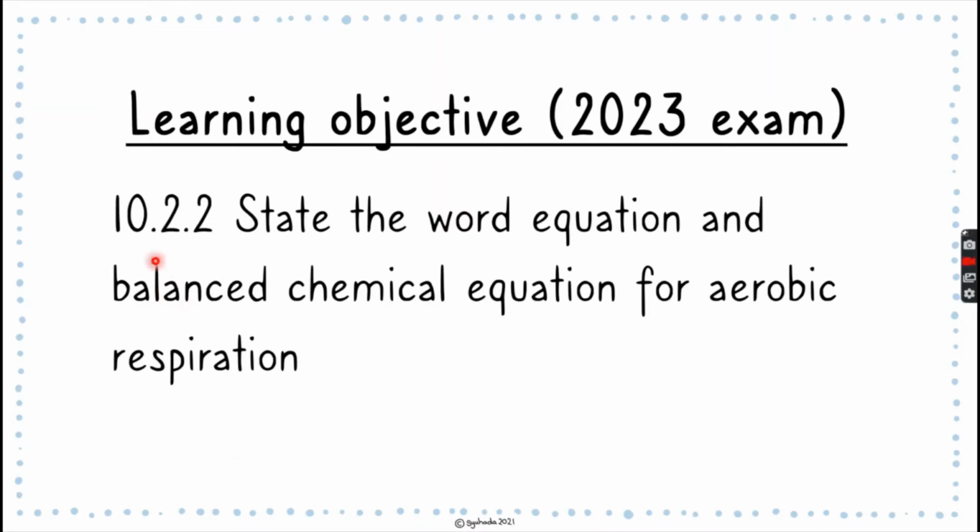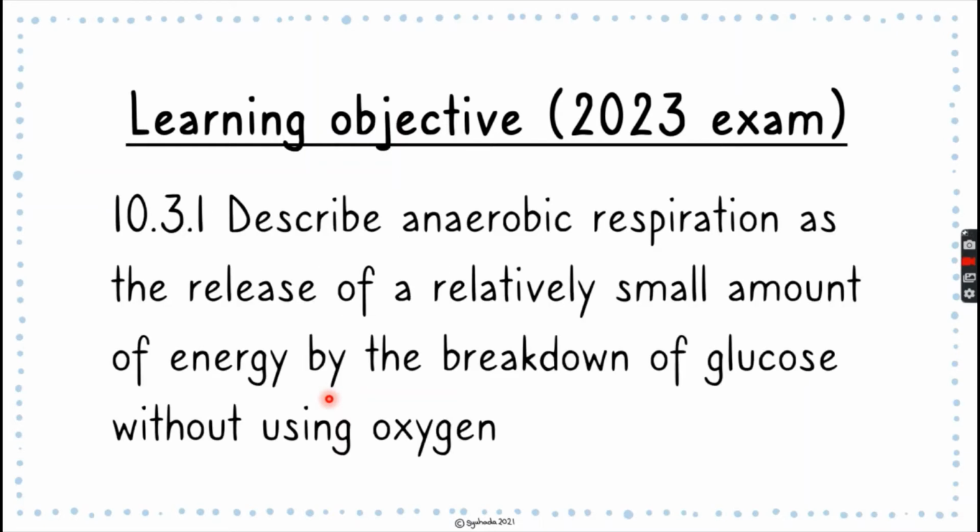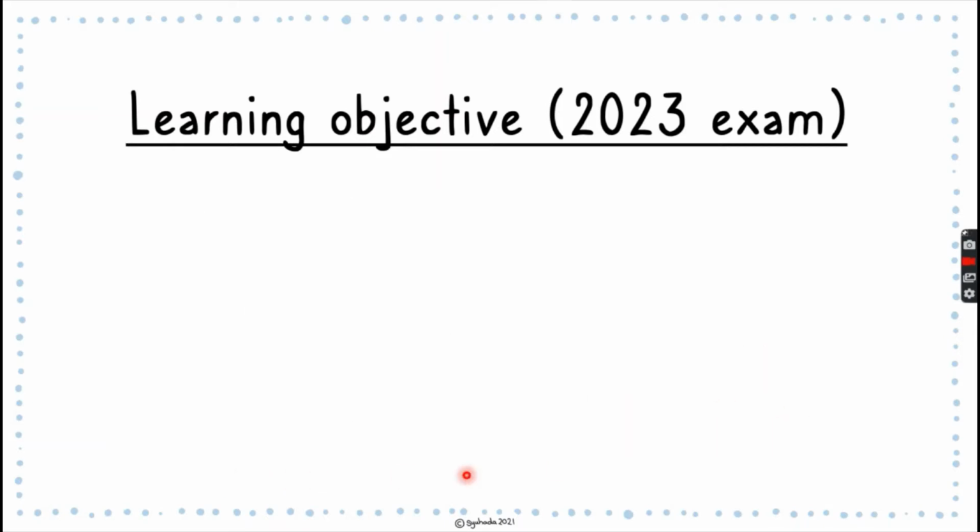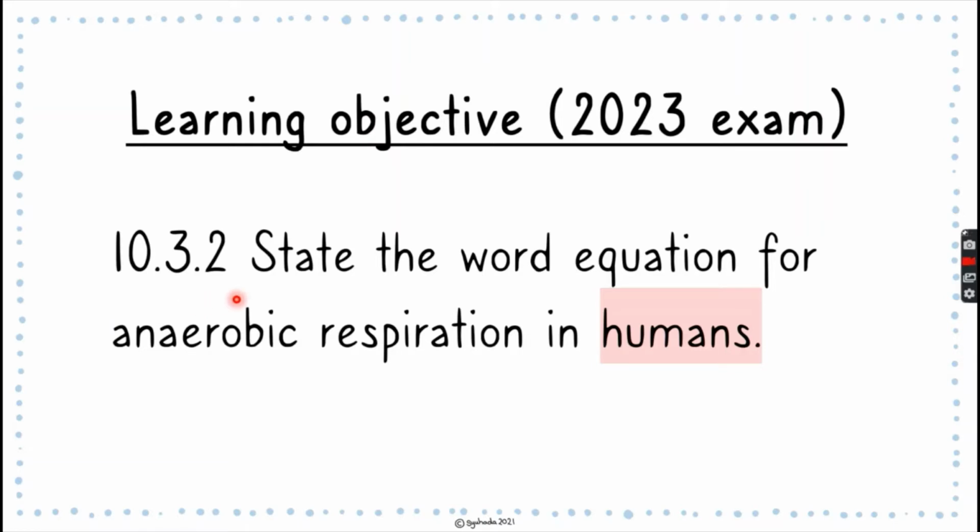Next, your learning objective is 10.2.2, state the word equation and balanced chemical equation for aerobic respiration. 10.3.1, describe anaerobic respiration as the release of a relatively small amount of energy by the breakdown of glucose without using oxygen. 10.3.2, state the word equation for anaerobic respiration in humans. And 10.3.4, state the word equation for anaerobic respiration in yeast.